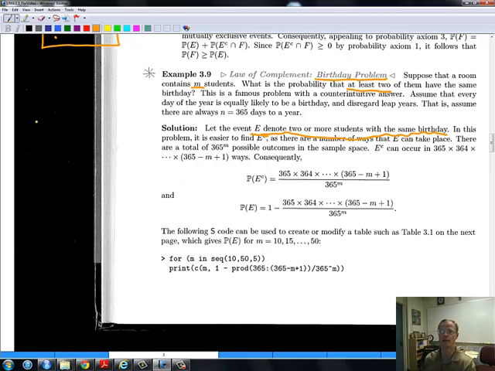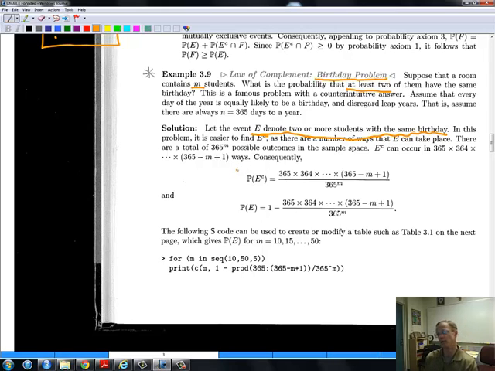Well, what about the case where there's 3 with the same birthday? And so on. The problem is just to find at least 2. Therefore, when you think about this for a little while, you'll realize it's easier to solve for the complement. So the complement is relatively easy to find.